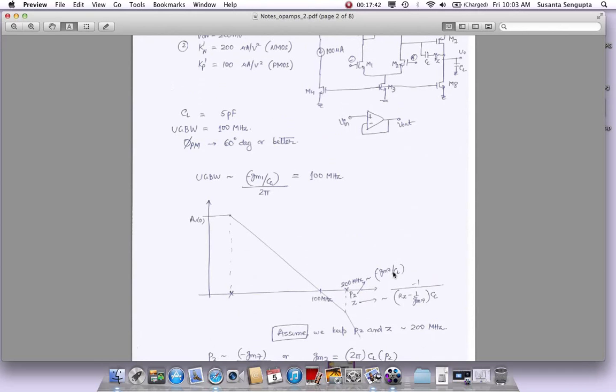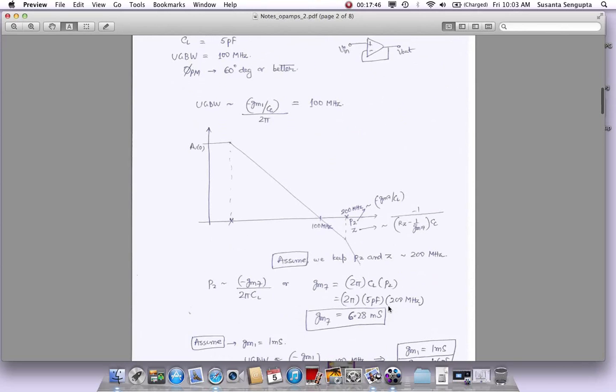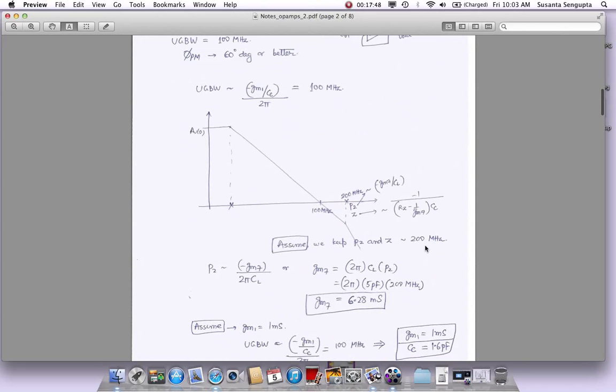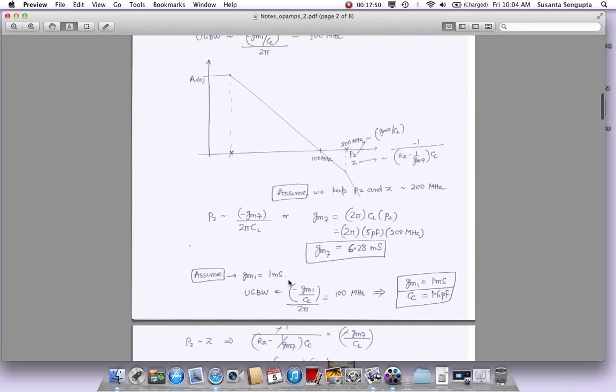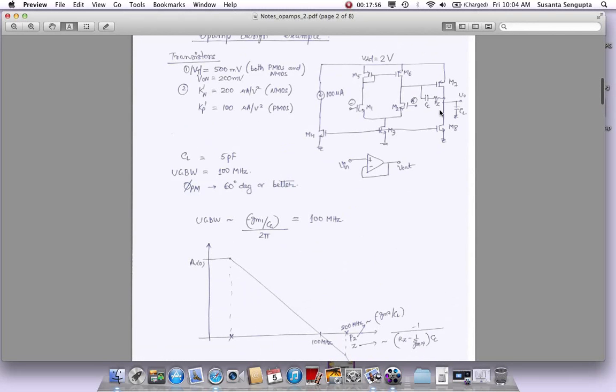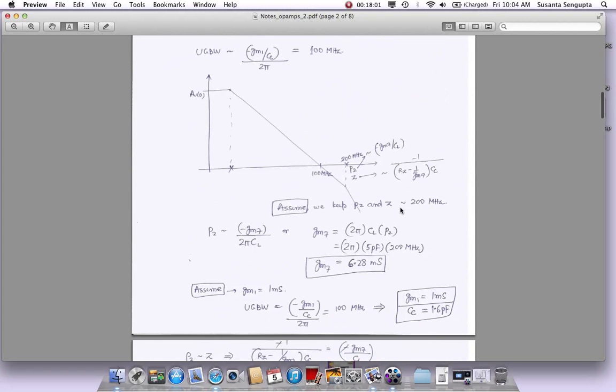Here is the approximate expression for P2. Here is the 0. We'll look at all this again. So we are going to keep both of them at around 200 megahertz. So what is P2? P2 is minus GM7 by 2 pi CL. That is the approximate expression of P2 here. GM7 is here, CL we know. So we can derive GM7 from here as 2 pi times CL, which is 5 picofarads, times the P2 location we are looking for, 200 megahertz.